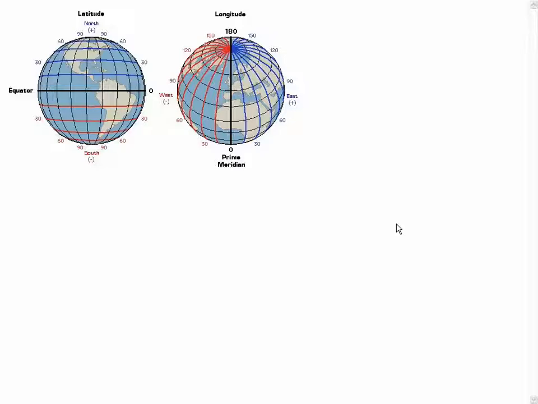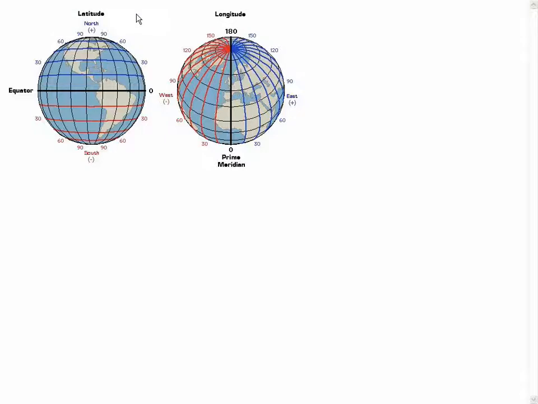A coordinate system is used in order to locate a place on an object, be it a graph or a map or the globe. And we use latitude and longitude as the coordinate system for the Earth.